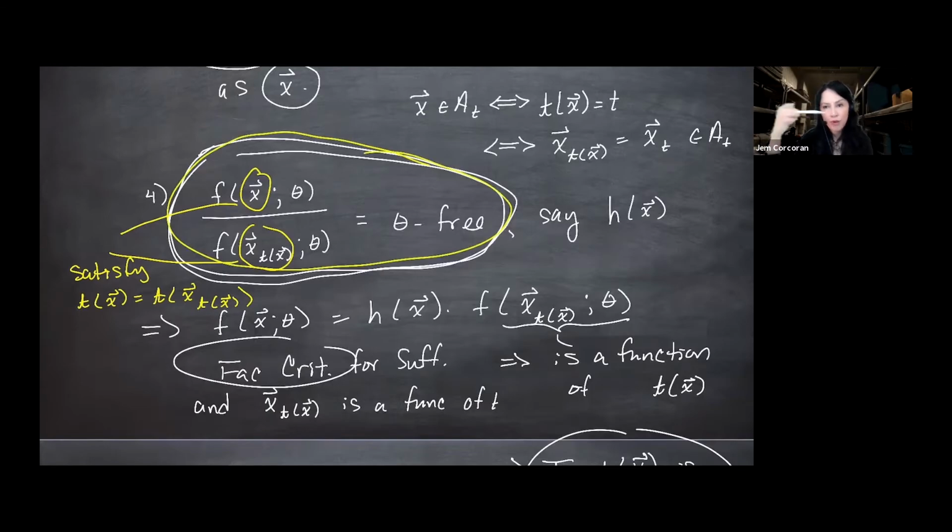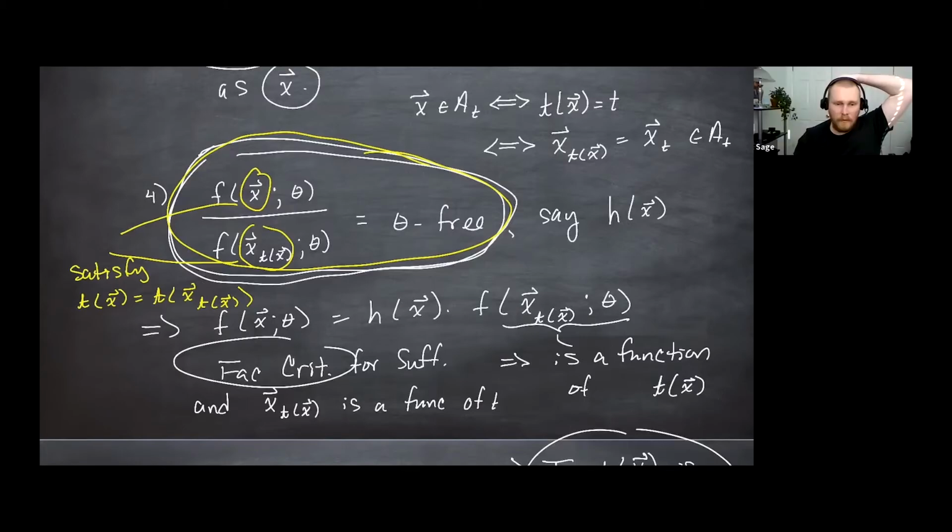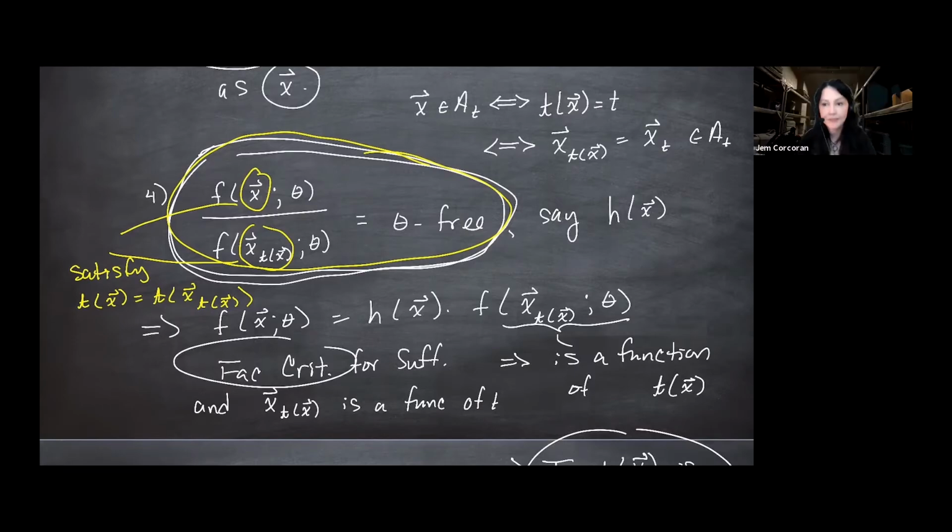So I'm using the right direction of that property. Does that make sense? Right. You proved these things are equivalent. We defined this equivalence class so that the right-hand side was satisfied, which lets us assume the left-hand side and prove sufficiency. Yeah.